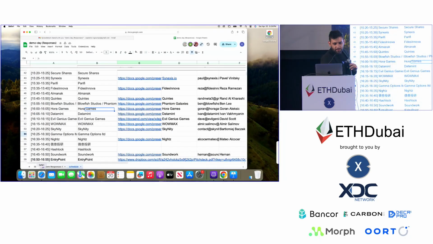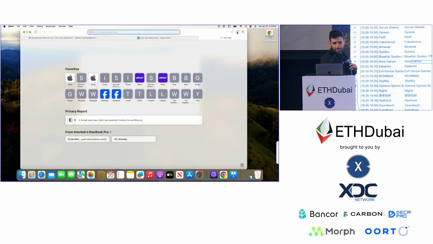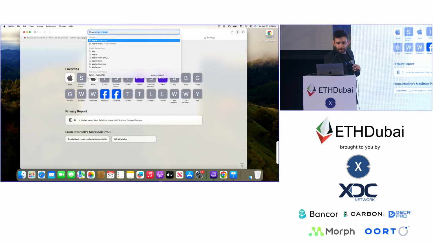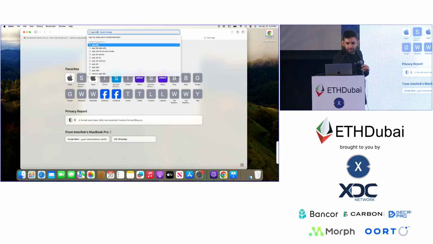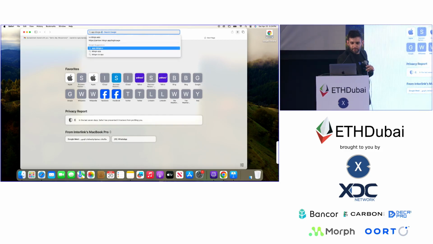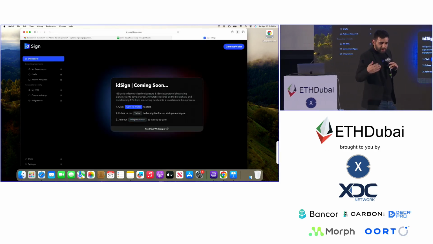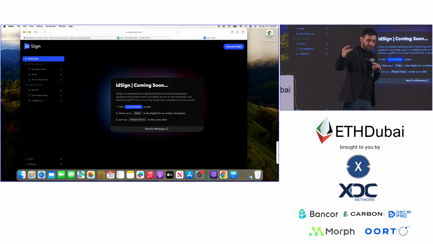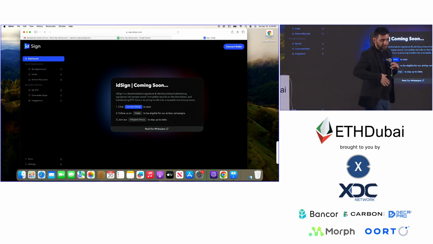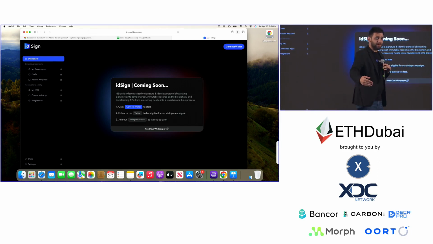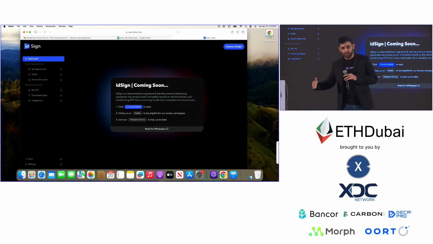If I can open Safari, app.idsign. What we want to focus on is bringing all the lawyers, all the government people, and we are using account abstraction to pay for the gas fees on behalf of them using SaaS models.